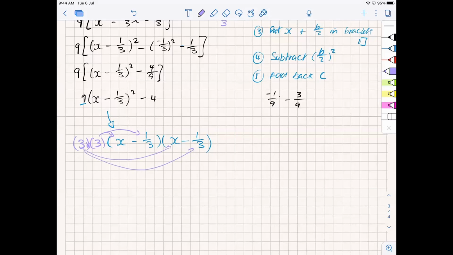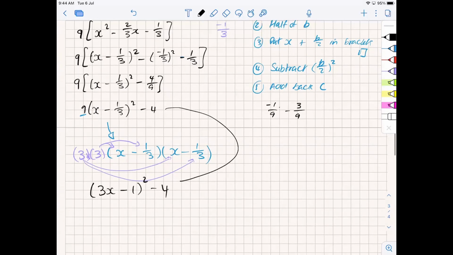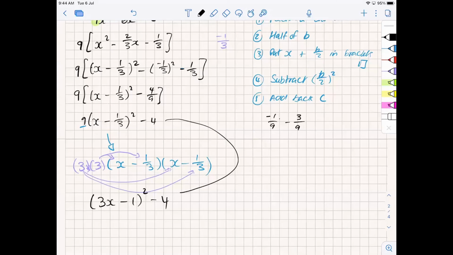And so what we get left with is 3x minus 1 squared, and we're not going to forget about our 4 over there. Now, making sense to everyone?